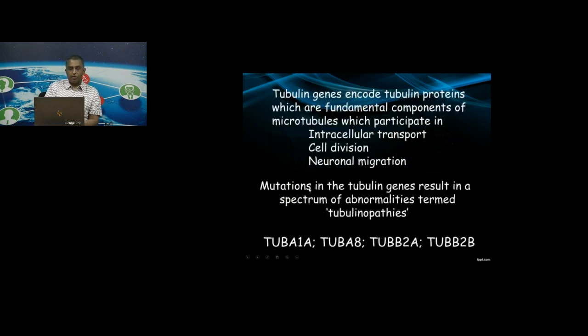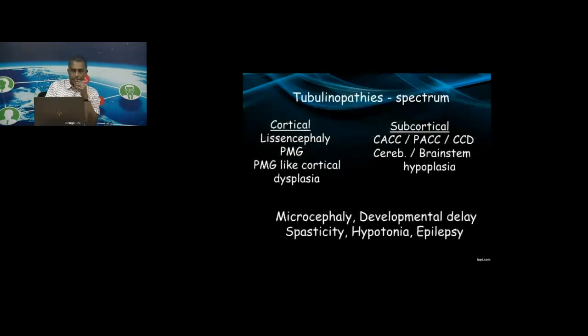So therefore, mutations in the tubulin genes can result in a spectrum of abnormalities termed tubulinopathies. And we have multiple genes which can cause tubulinopathy. I've just named 4 of them: TUBA1A, TUBA8, TUBB2A, TUBB2B. All that doesn't matter. It just has to tell us that there are multiple tubulinopathy genes that we have to grapple with.